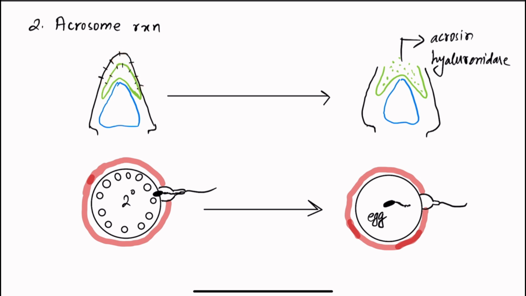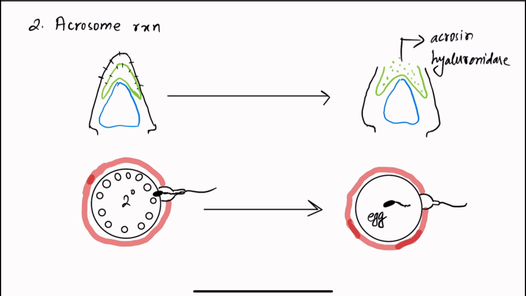And it is through these pores that the enzymes acrosin and hyaluronidase are secreted out. With the help of these two enzymes, the sperm is finally able to penetrate through the zona pellucida. The head penetrates through the zona pellucida.